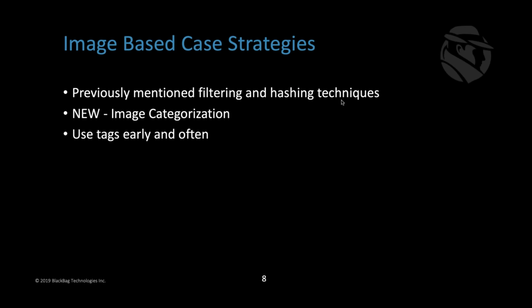So we have a whole webinar on Image Analyzer's integration into Blacklight. So please check that out if you want more details, but I want to go over some of the highlights of why we're so excited to have image categorization. So when we look at image cases, there's just so many images that are out there. And there's been some great techniques around hashing and even tools that help you identify known hashes of files that have exploitive material in them.